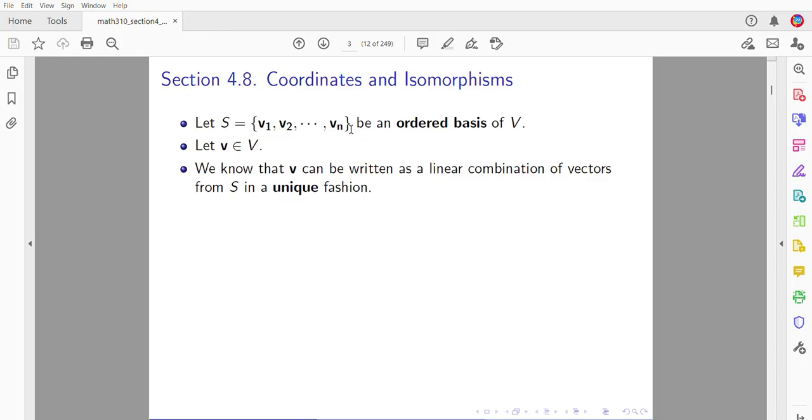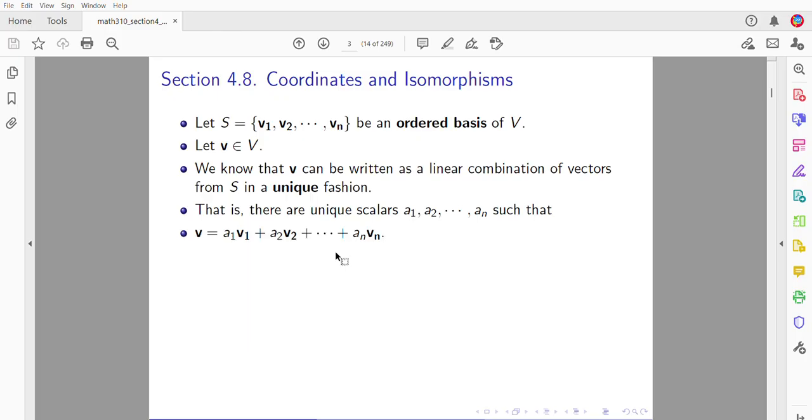Moreover, being a basis means not only do these vectors span V, they are linearly independent. A consequence of that is that this expression of v in terms of these vectors is unique. Now, if you have forgotten why it is unique, go back to lesson 4.6. We have proved that it has to be unique. That is, there are unique scalars a1 through an such that vector v is a1 v1 plus a2 v2 all the way to an vn.